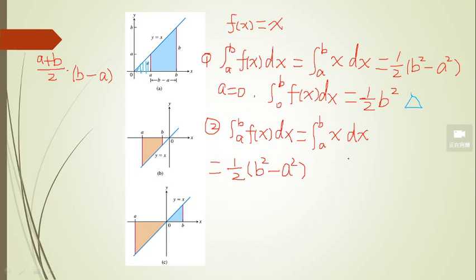But since a square is greater than b square, the sign for this one should be a negative area, because a squared is greater than b squared.